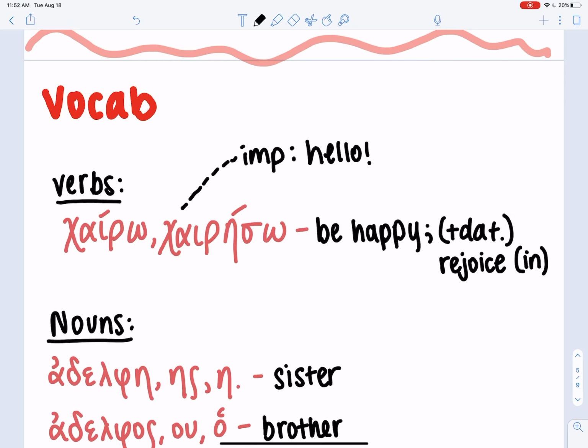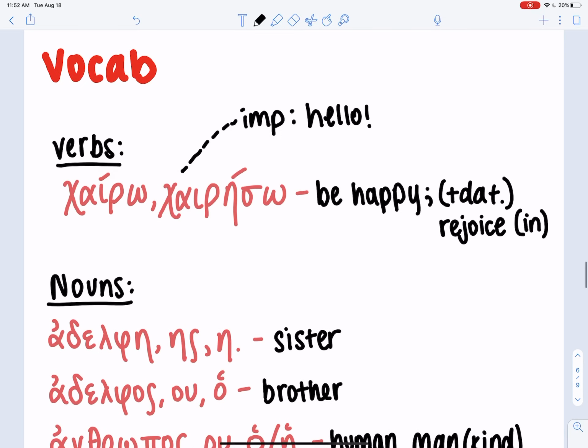But when chairo is not in the imperative, we're going to use be happy unless there is a dative noun somewhere in the sentence that's related to chairo, and then it can mean rejoice in. So we'll see examples of that in sentences later on.